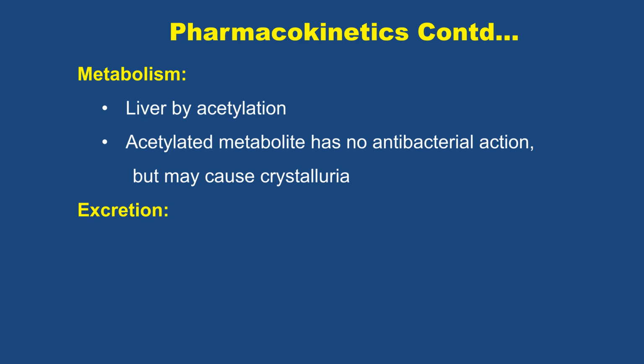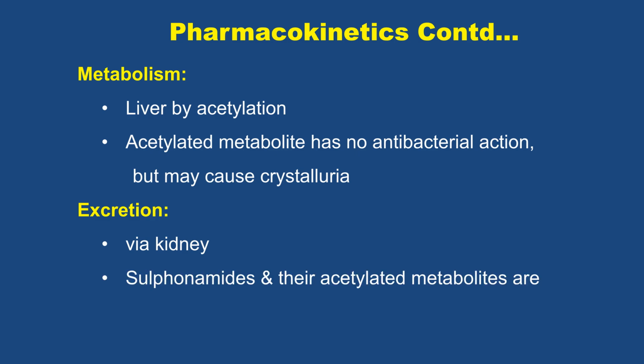Now, coming to excretion, they are mainly excreted by the kidney through glomerular filtration and renal tubular secretion. Part of the excreted or secreted sulfonamide may be reabsorbed later. They and their acetylated metabolites are more soluble in alkaline pH, and therefore, if the urine is made alkaline and fluid intake is increased, toxicity and crystalluria are less likely to occur.